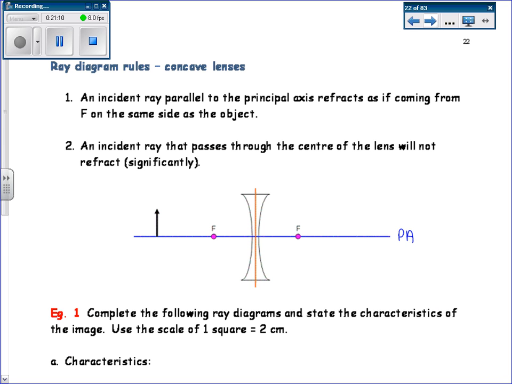I have my focal point on either side of the lens, and I have an object here. An incident ray parallel to the principal axis refracts as if it's coming from the focal point on the same side of the object.